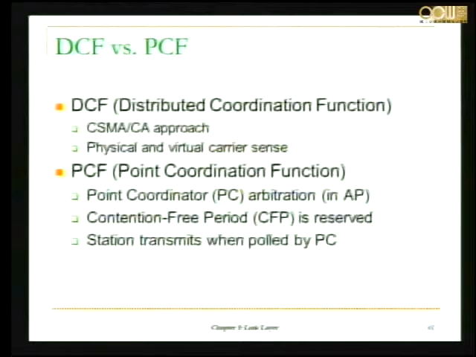But PCF is the point coordination function. It does polling by the access point. So there's no contention. The access point will poll the mobile station, and only when polled can the mobile station transmit. So there's no contention here, and it's a polling protocol. And they try to combine both.